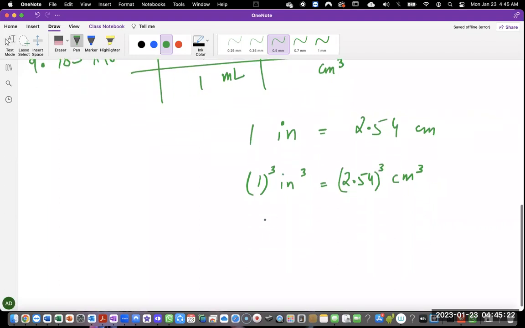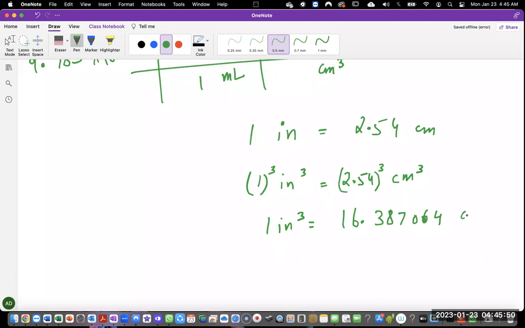Okay, so basically 1 inches cube is equal to, what you will need to do here is to pause the video and cube 2.54. So 2.54 times 2.54 times 2.54. So what I get is 16.387064. This is what we get.